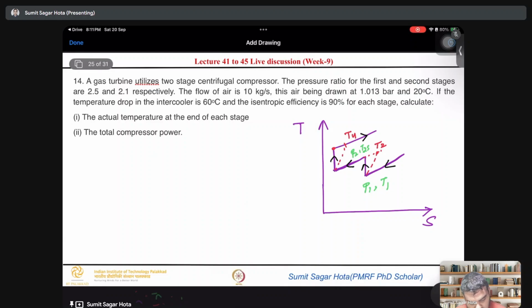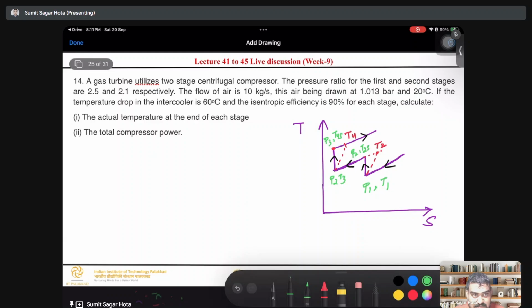This is P2 T3 and P3, T4S, as for the isentropic process.